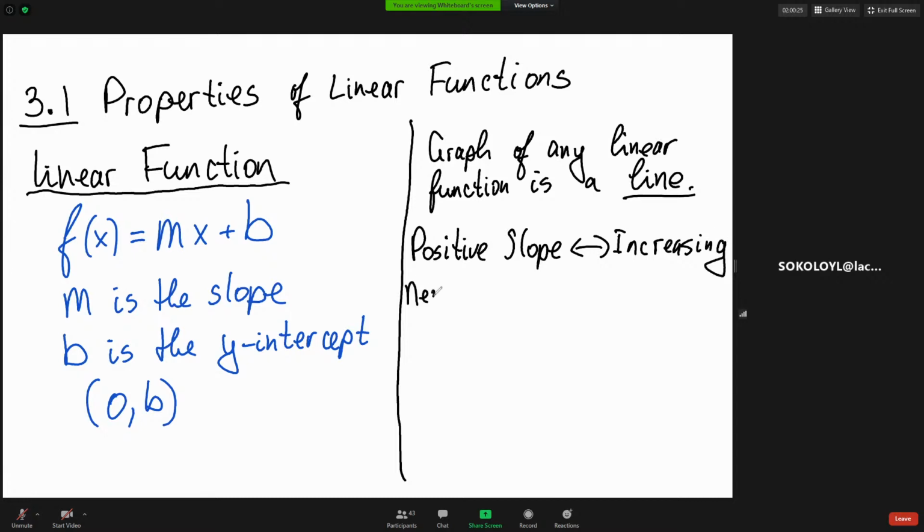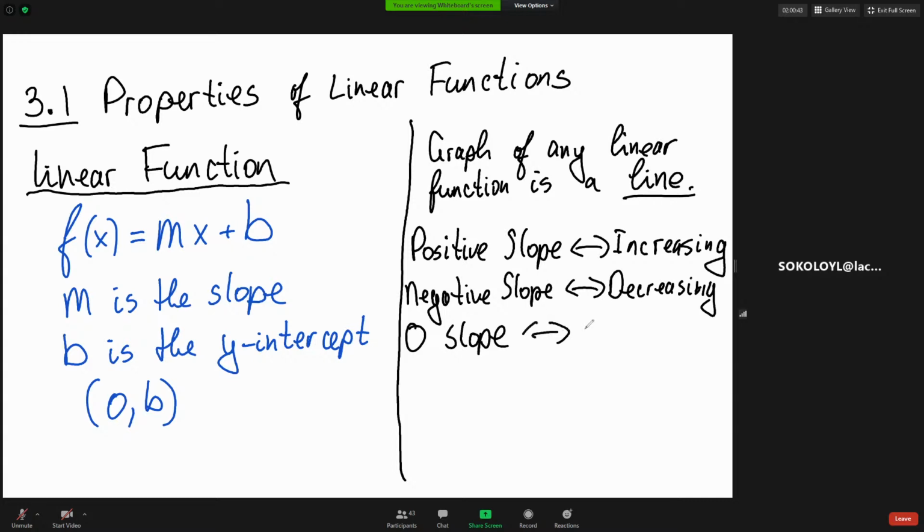If the slope is negative, that tells me that the function is decreasing. And if there is zero slope or horizontal line, that tells me the function is constant.